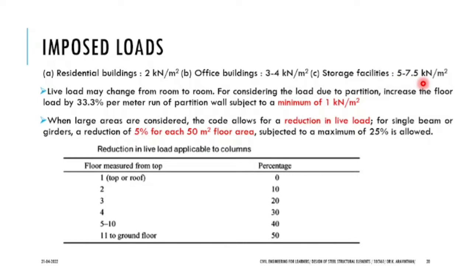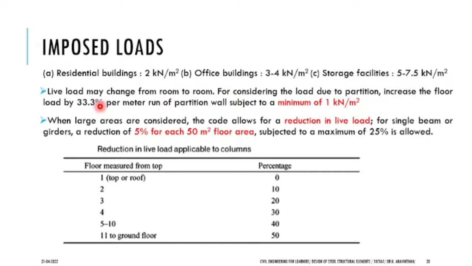Why? Because you will have book racks every 1 meter or 1.5 meter, yes or no? Which is a very high load. You are storing the books. If you are building your residential house, what is the minimum limit you can take? You can take around 2, like that.